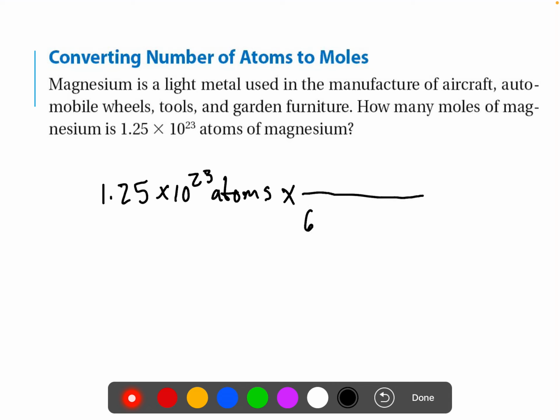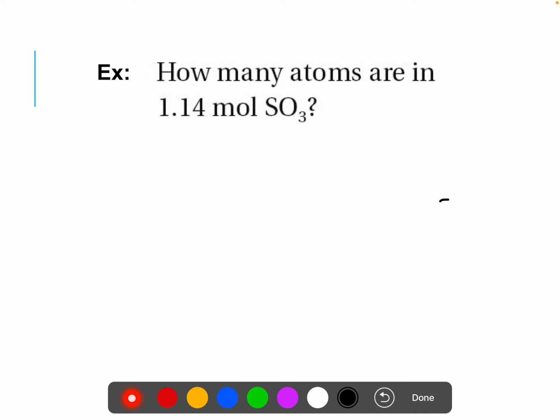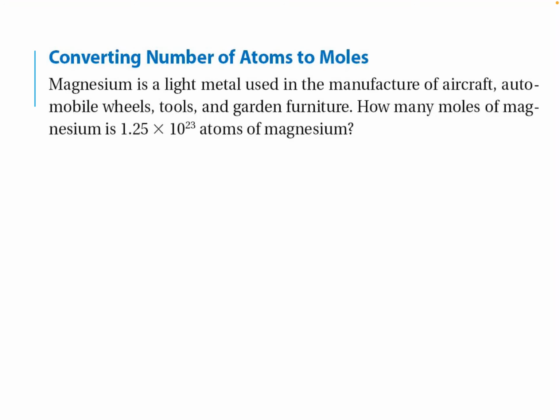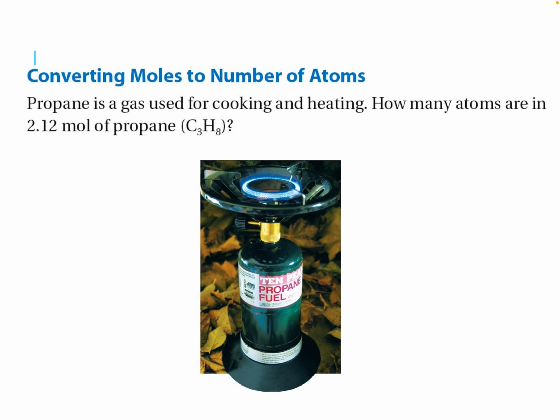So since I have atoms, 6.022 times 10 to the 23rd particles, which in this case would be an atom because that's the particle we're looking at. So atoms in 1 mole. And all you'd have to do is divide those two, and that would be good. Very simple.